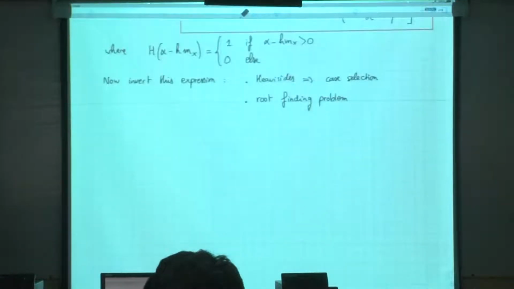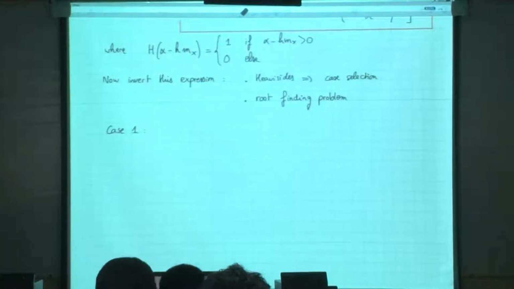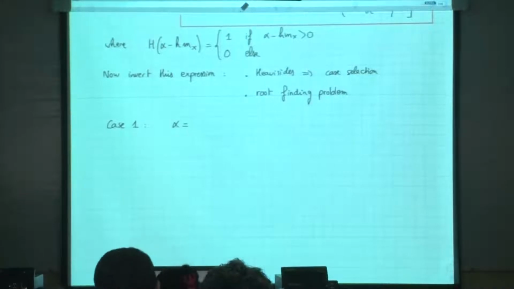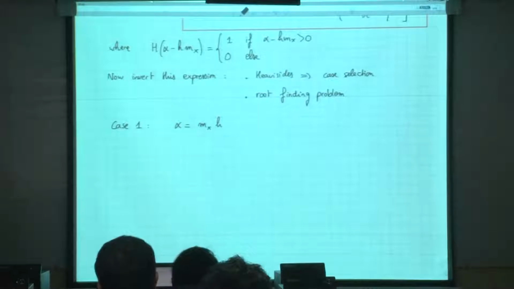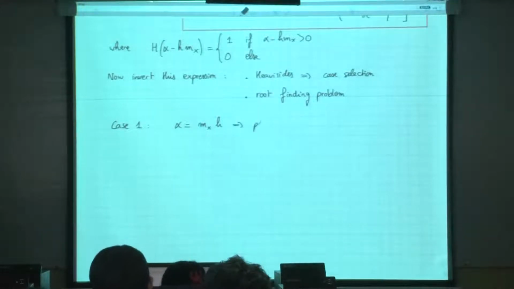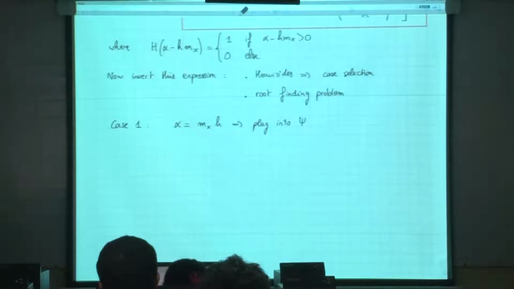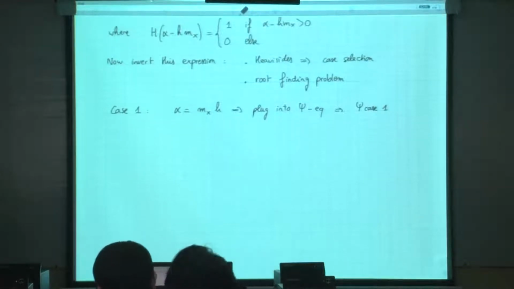So let's see exactly how this is going to work. The limit of the first case will be when alpha gets equal to this. We plug that into the psi equation, and that gives us the limit value for psi.